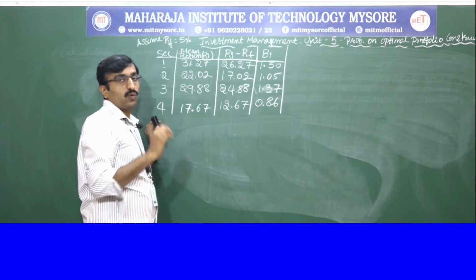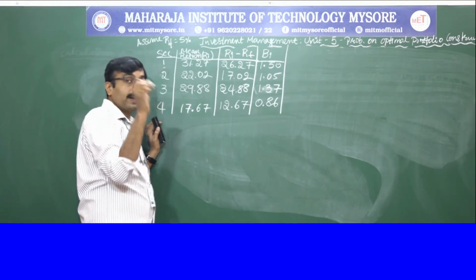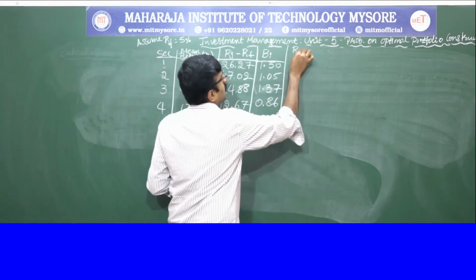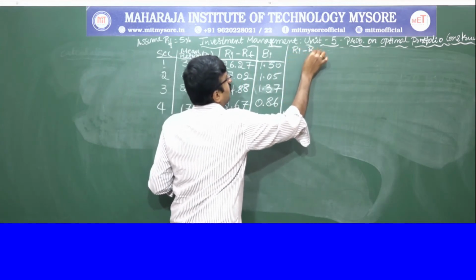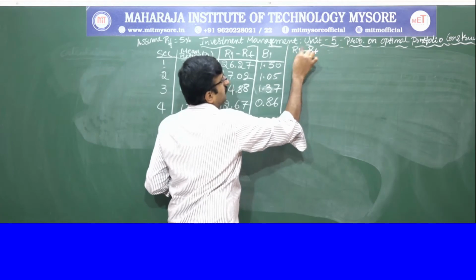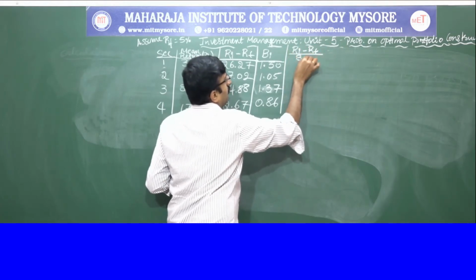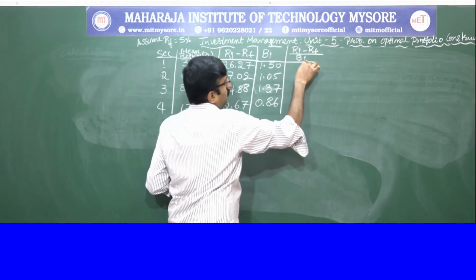Done. So, then you go for Ri minus Rf divided by Bi, that is mean return minus risk free rate of return divided by beta Bi, where Bi means the beta of the individual security.